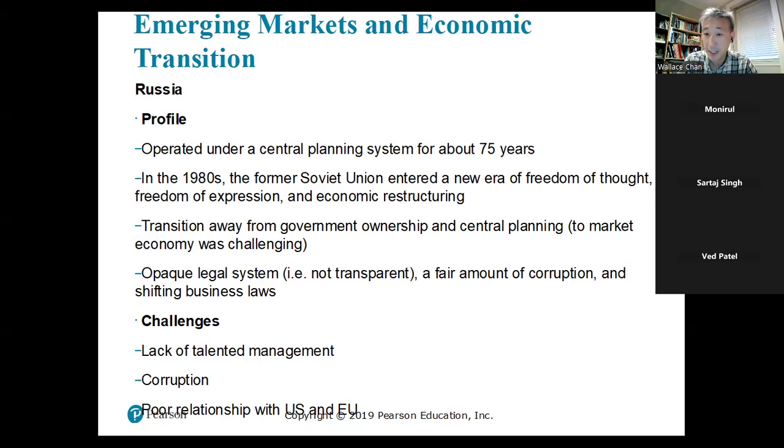Corruption is a major concern, and they are short of talented managers. Their relationship with the US and EU is fragile, especially because of the war against Ukraine. Now Russia has a very poor relationship with Europe and the Western world.